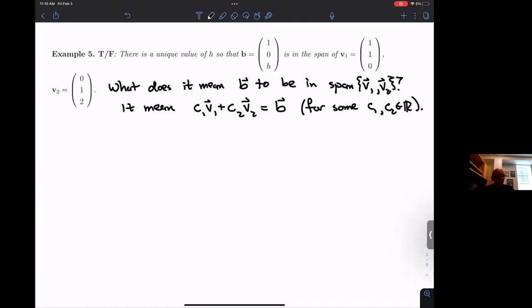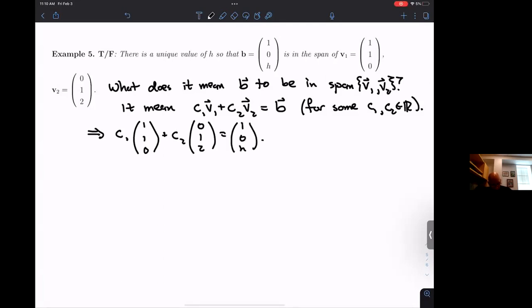But this is a vector equation, which we've learned how to solve using row reduction of an augmented matrix, right? So just to briefly remind you of that, we're looking for unknowns c1 and c2, so that c1 times this vector, 1, 1, 0, plus c2 times the second vector, 0, 1, 2, becomes the vector b, which is 1, 0, h.